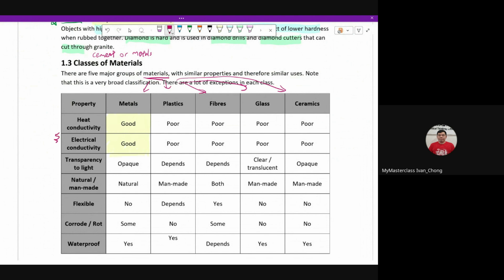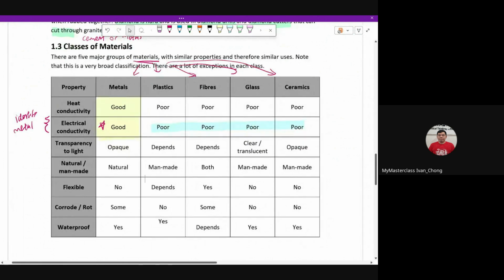Okay, so this is the identify metal method. Very important, because if you notice the rest, all of them cannot conduct electricity. Okay, so because of these metals, the only way we can identify what's a metal is straight away through electrical conductivity. All right, then next for your plastics, fibers, glass, and ceramics, we have to look at the specific properties.